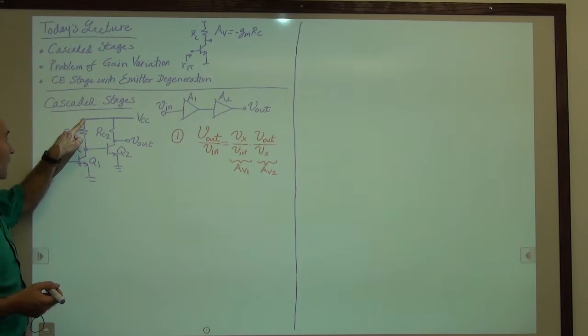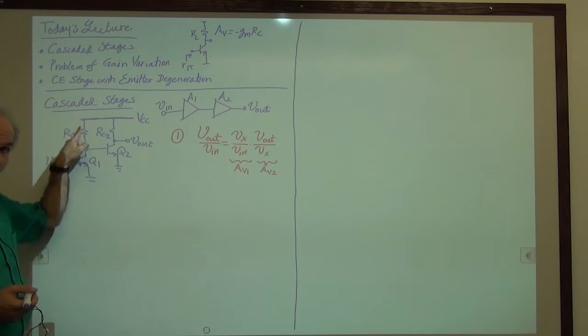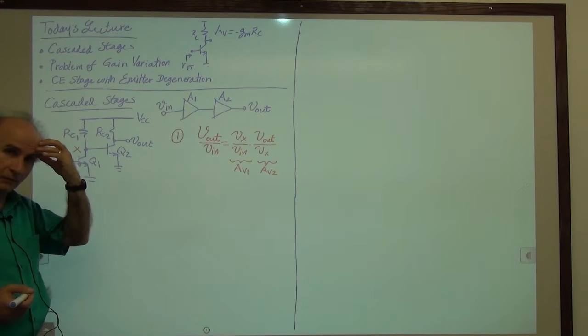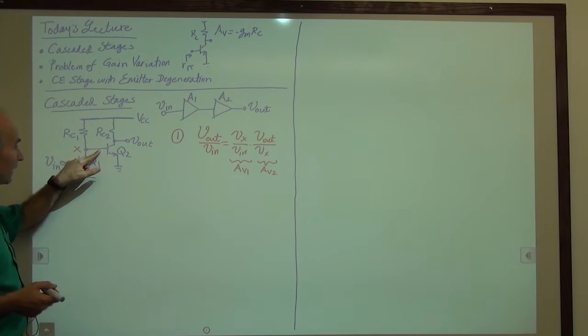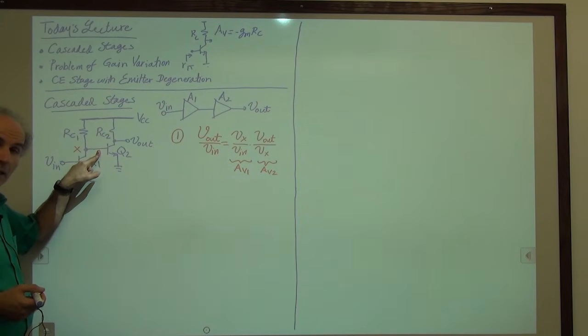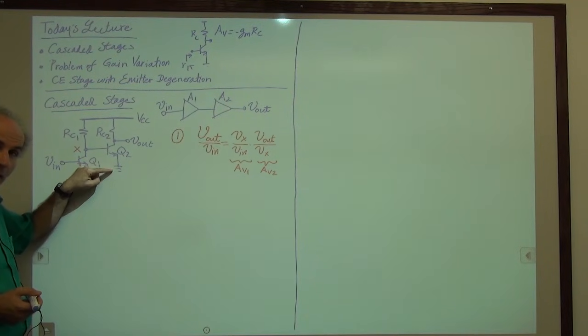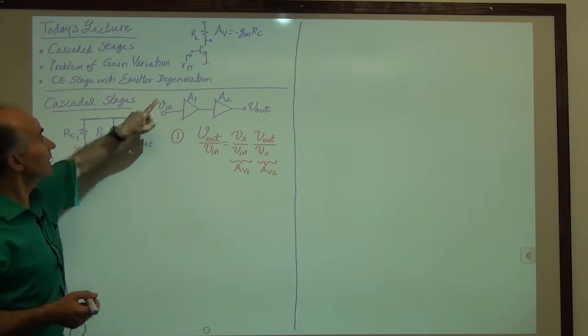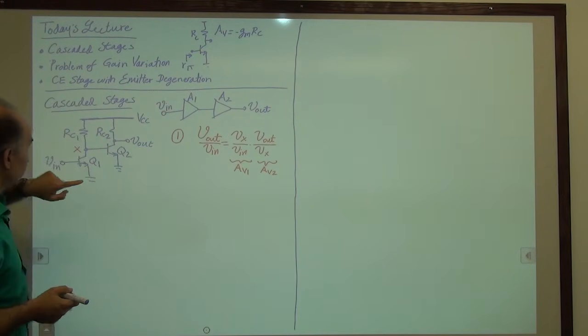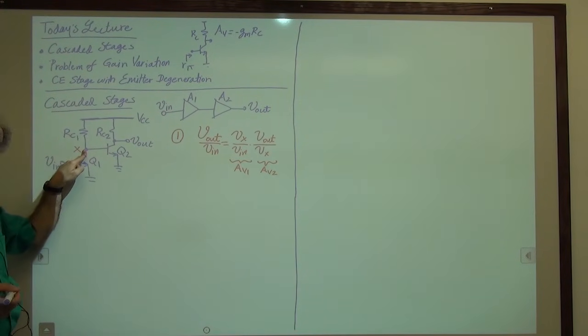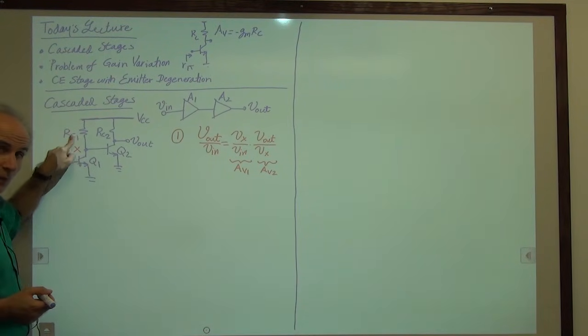We have RC1 going this way to AC ground, again building the small signal model in our head. But then going this way, we have something. There is something attached from here to AC ground. And that something is R pi. So the total resistance seen at this collector is not equal to RC1.